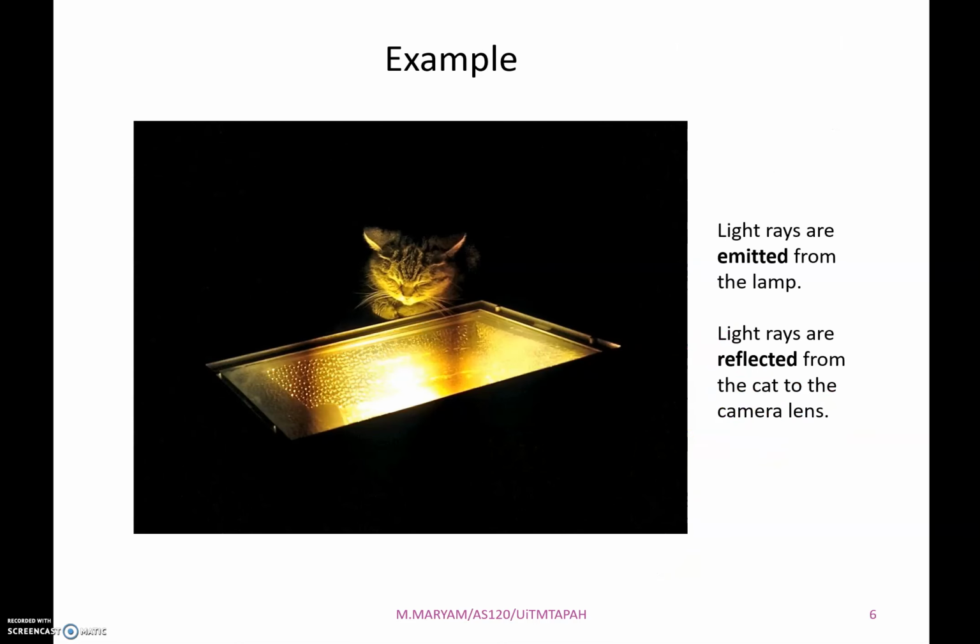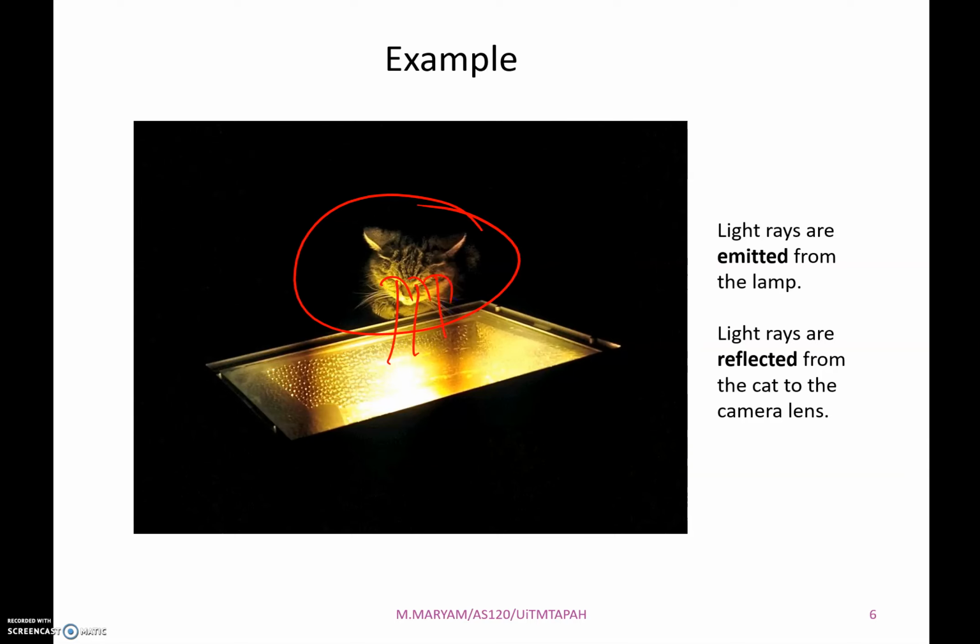For example, as you can see, a cute cat here, the cat is looking at the light source. Now, why can you see only the head of the cat, not the whole body? Can anyone answer? Correct. Because the light source is only hitting the cat itself, not anywhere around it.